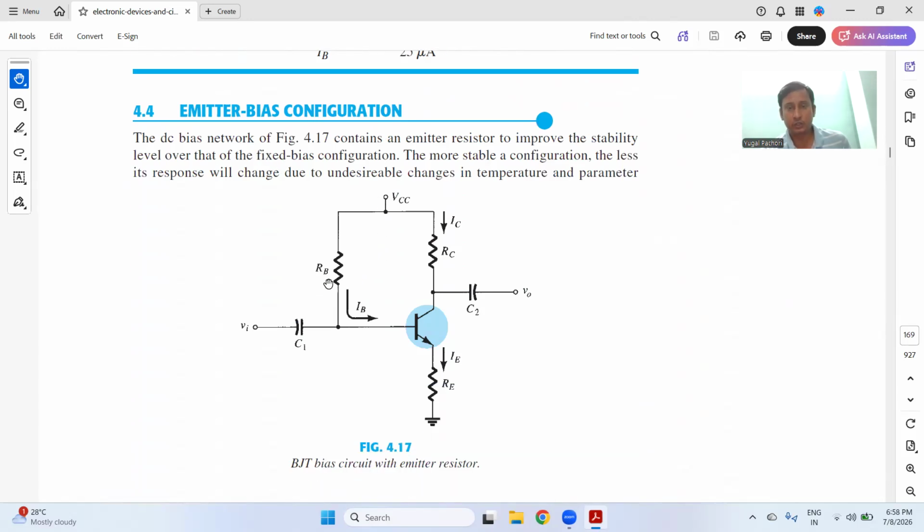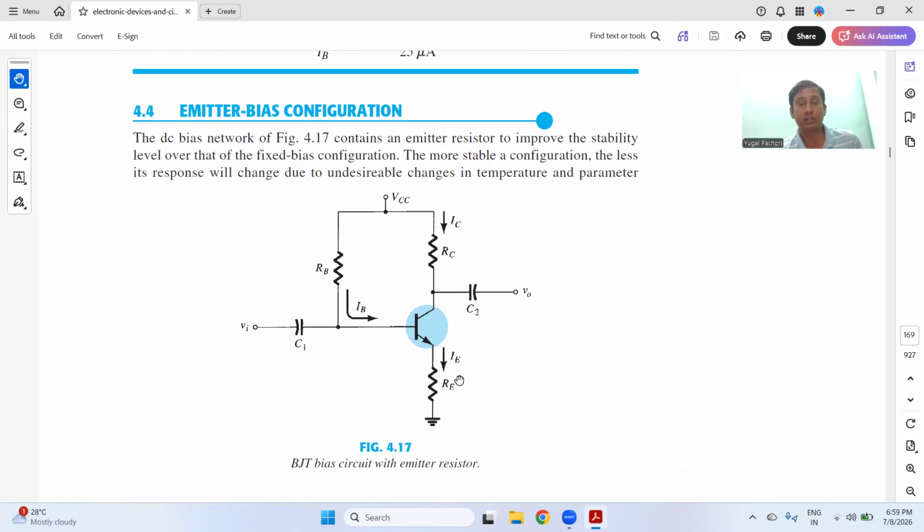Now friends and dear students, you can easily see that this is RC, this is RB and this is RE. In the previous bias circuit, the fixed bias circuit, there is no RE. However, in this circuit, there is a presence of RE. That's why this is called the emitter bias configuration. By this equation, you have VCC is equal to ICRC plus VCE plus IERE.